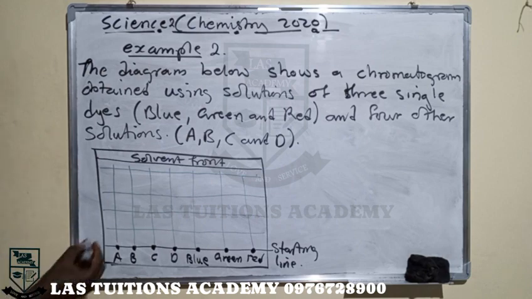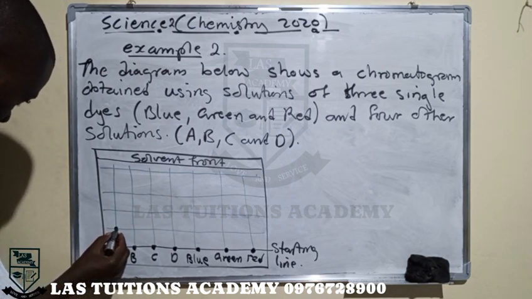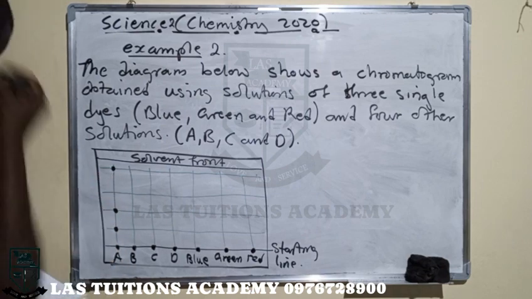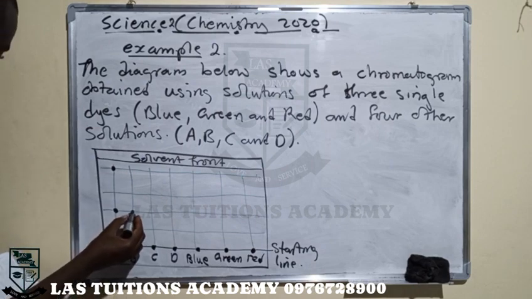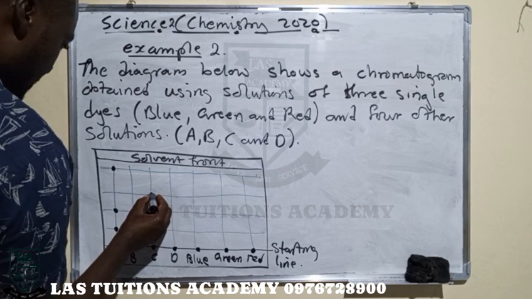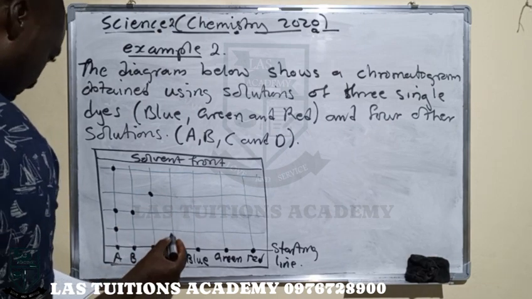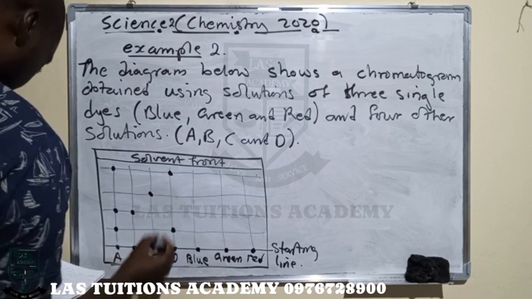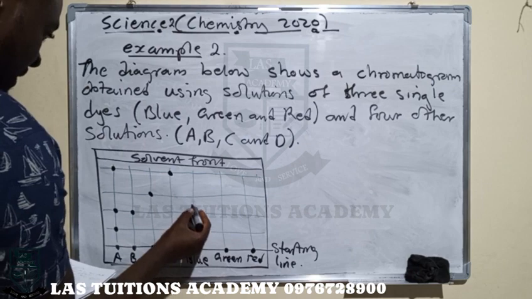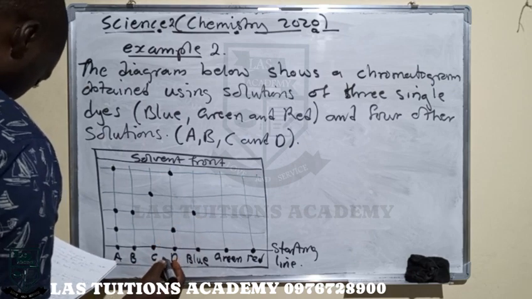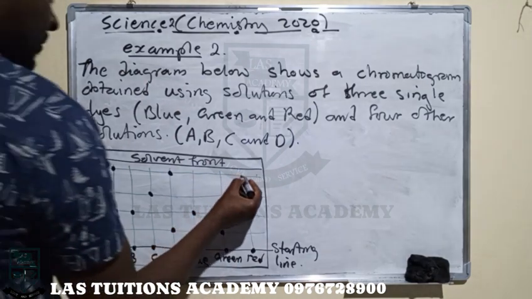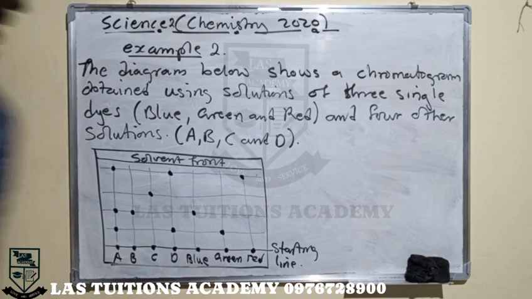So for A, we see that it has a point here, another point here, and another point there. Then B, it's only here. Then C, it's only there. Then D, we have a spot here and a spot here. Then blue, we have a spot here. Then green, we have a spot here. Red, we have a spot there. Okay, so that's what we have.